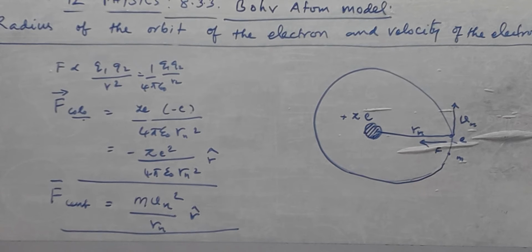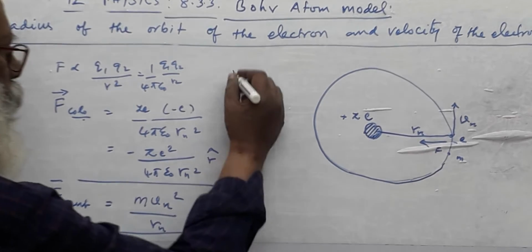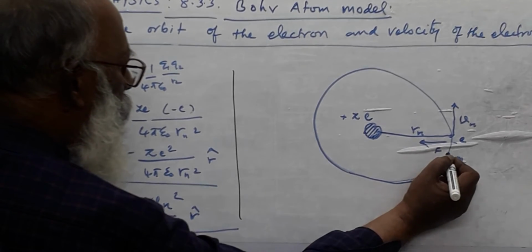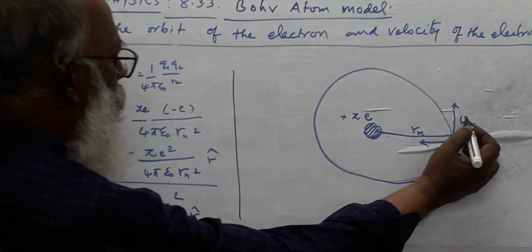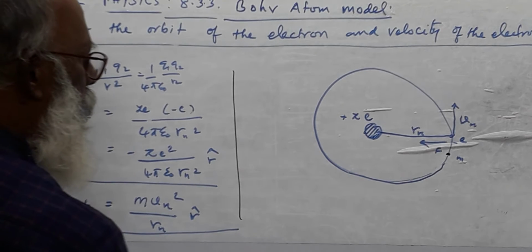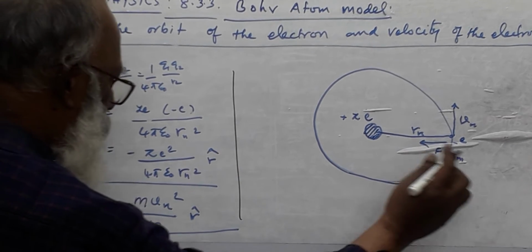Now we assume the mass of the electron is m, the velocity of the electron is vn, and the Planck constant is h.